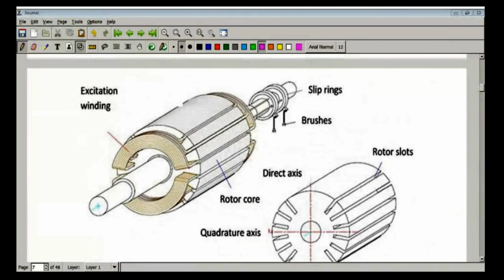You can have another way out here, a very convenient way. This is the slip ring and brushes. Now one important point needs to be mentioned. Slip rings are mounted on shaft, but they are insulated from it.